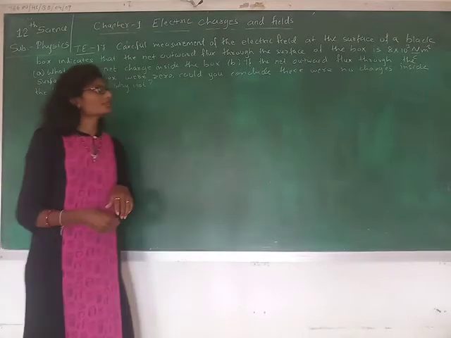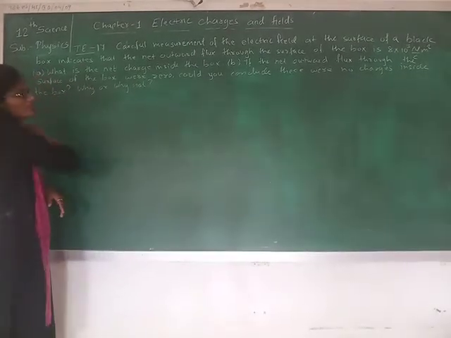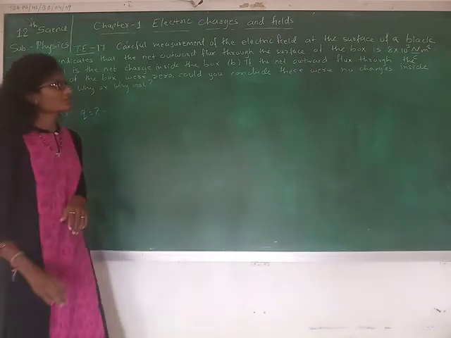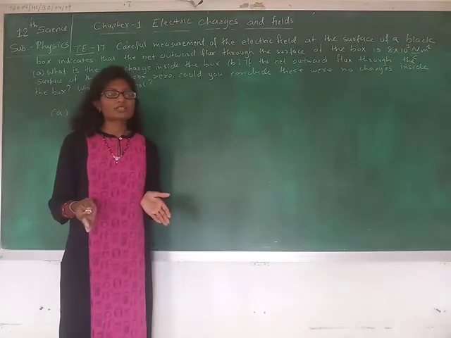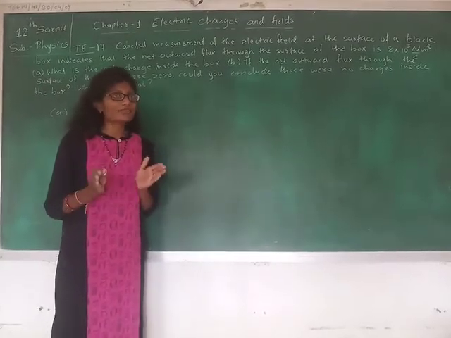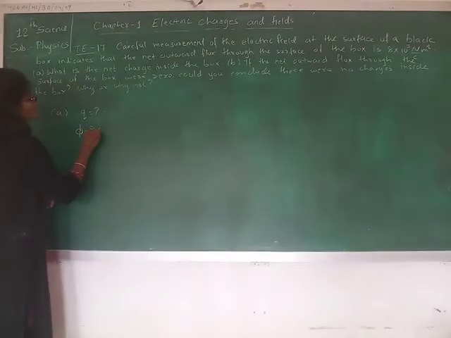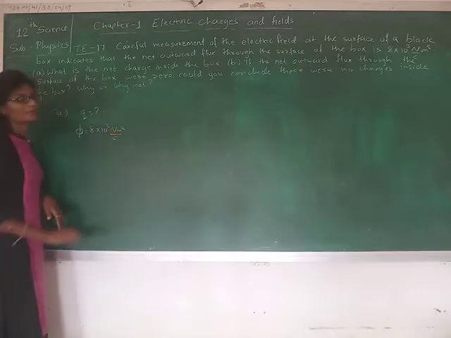Let us first calculate this first part. What we need to find is the net charge. What is given? A black box is given and the net flux through that box is given as 8 into 10 raised to 3 Newton meter square per coulomb.